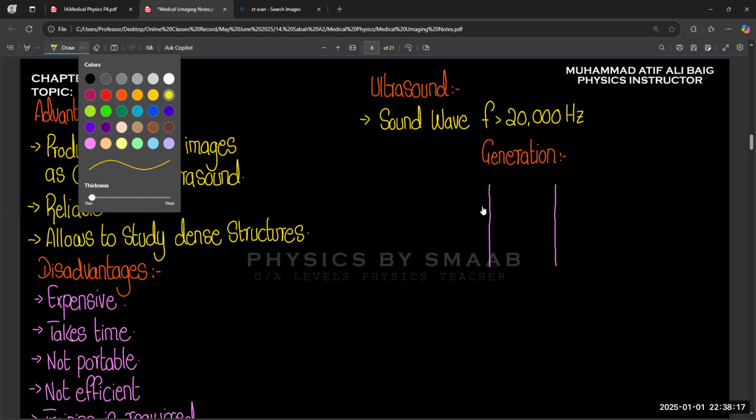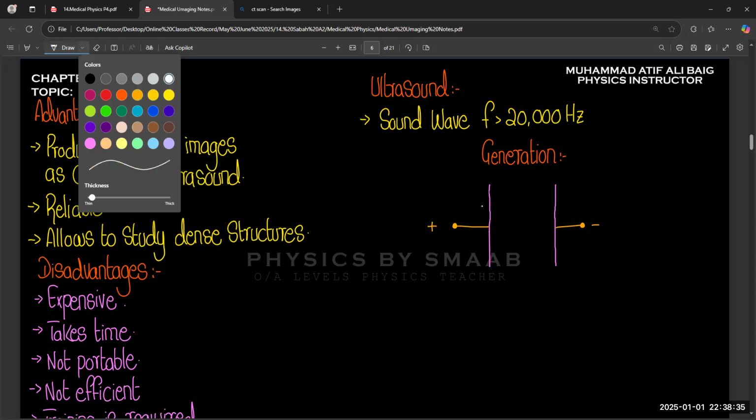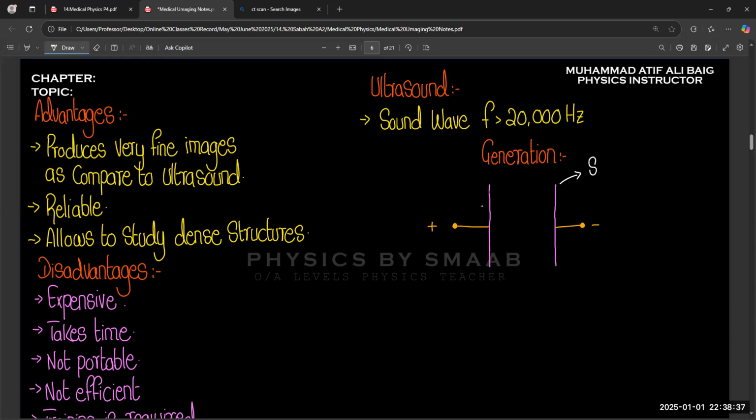Is there a cathode and anode in this as well? Yes, so we are using positive and negative terminals again, and these are silver electrodes. Because the resistivity of silver is less, we can easily conduct electricity through it. That's why we are using silver.